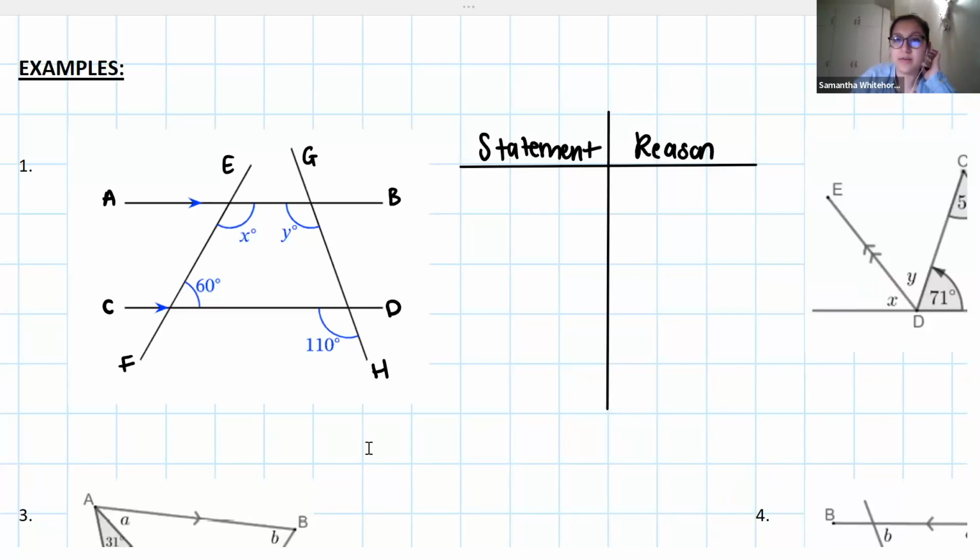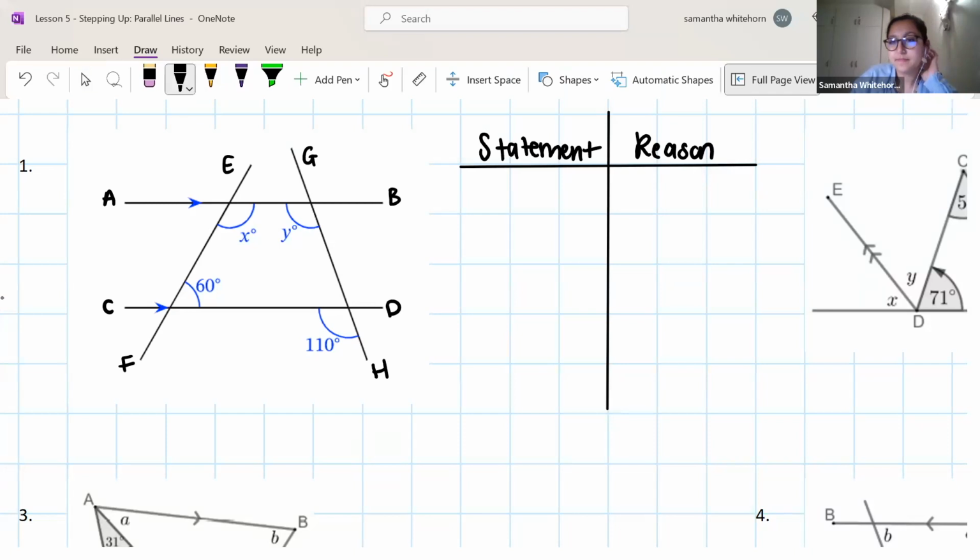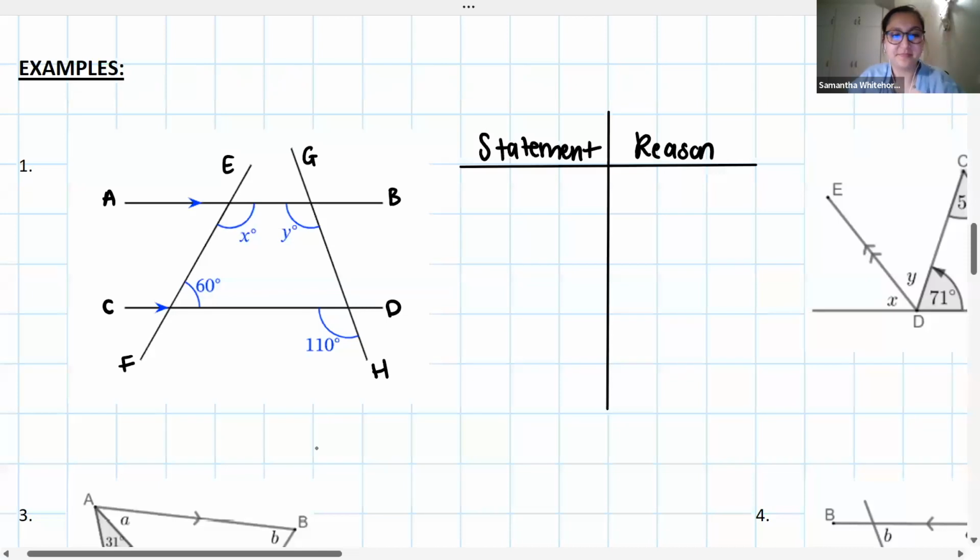All right, does anyone want to raise their hand to give us either X or Y and explain how they got there? Hey, Lesedi. Hi, ma'am.